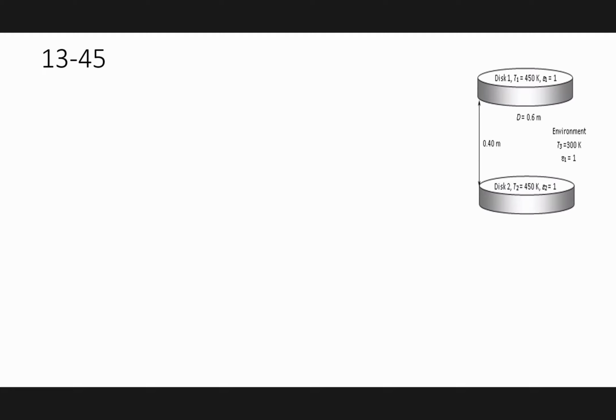Calculate the view factor from 1 to 2 or 2 to 1. You can use the figure in your textbook. Now you can also use the summation over 1 to 1, 1 to 2, and 1 to 3. Here 1 to 1 is equal to 0. Therefore, 1 to 2 you get from the figure, and 1 to 3 is the environment, which is open.